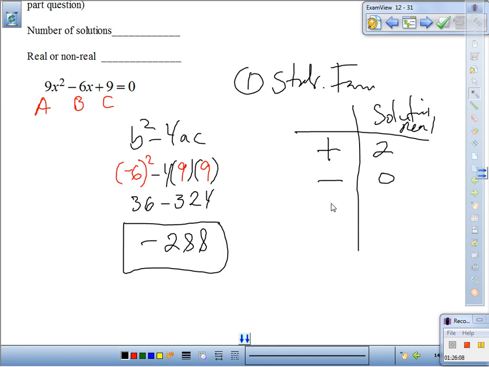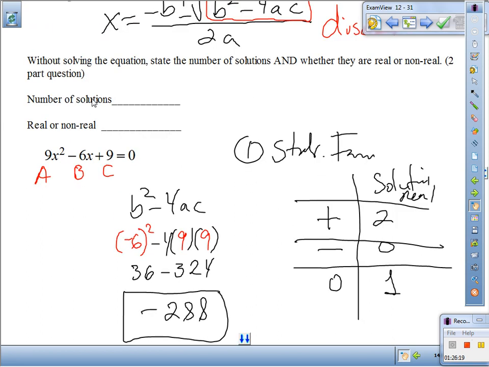If we end up with a 0, 1 solution. So those are the options. So the question is, real or non-real solutions? Look at it. Well, let me ask you, we ended up with a negative, that means no real solutions. What does that tell you? That it's what? Non-real. So non-real.